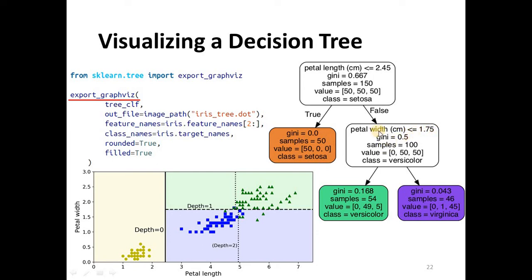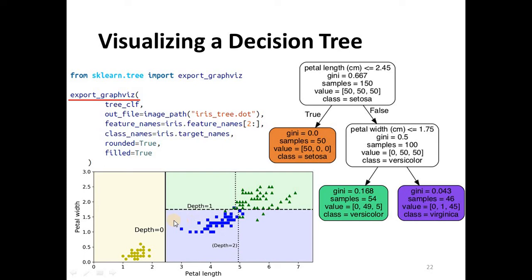If the petal width is less than 1.75, then the purity of blue is high and the impurity is low. It classifies all points in this region as versicolor iris. If it is false, then it classifies them as virginica.